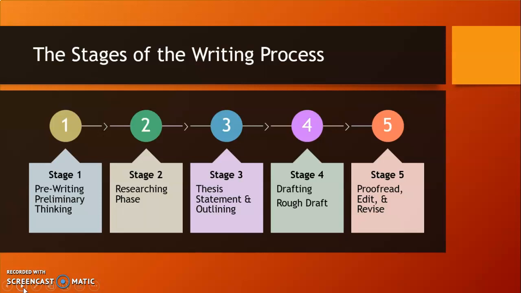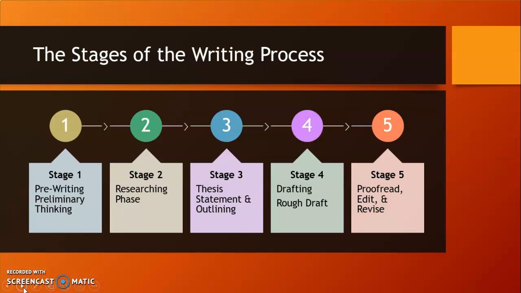You can think of this as the brainstorming phase, the idea generation phase, and there's so many techniques that you can use to help you with pre-writing, preliminary thinking, and a lot of it involves asking questions, being curious, writing down your observations in the real world, and then trying to connect those observations with research, which is going to be your second stage of the writing process.